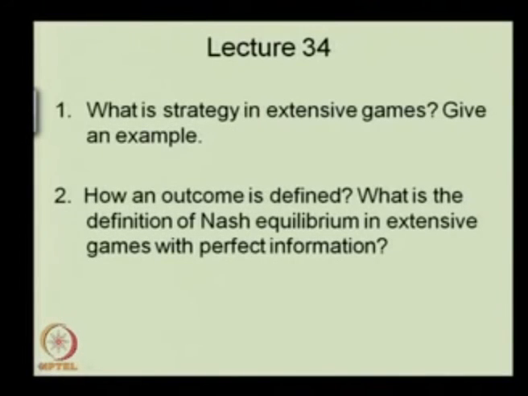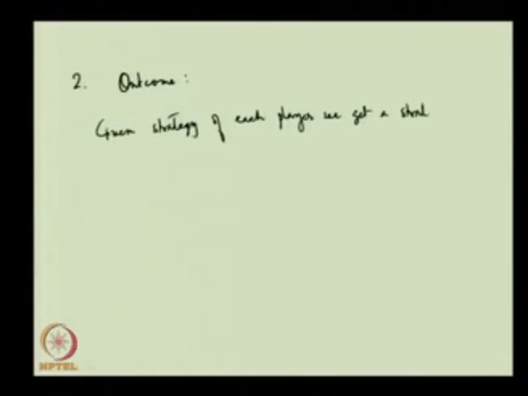How is an outcome defined? What is the definition of Nash equilibrium in extensive games with perfect information? So, first, what is an outcome? Okay. So, given the strategy of each player, we get a strategy profile, basically which is a combination of all the strategies of all the players.